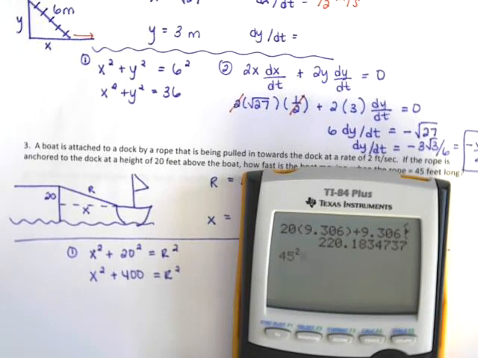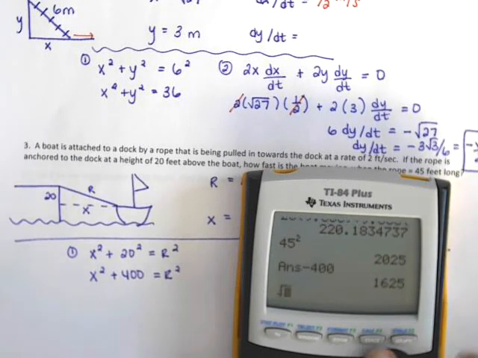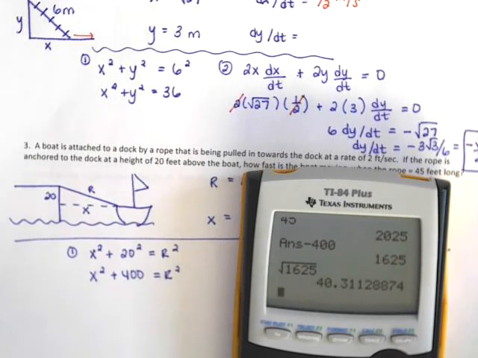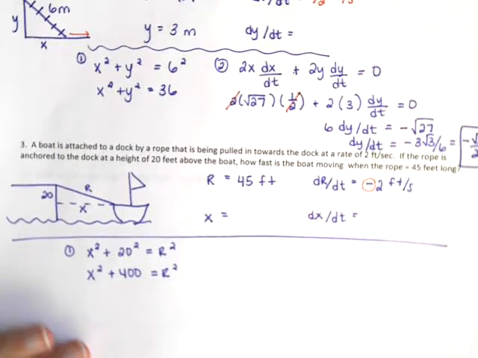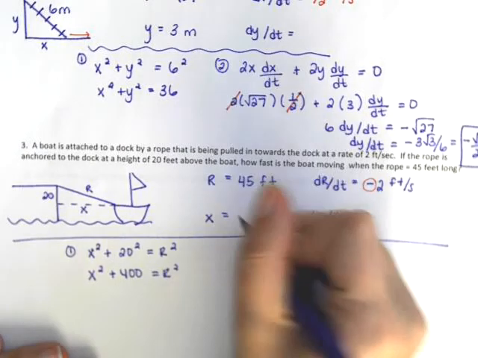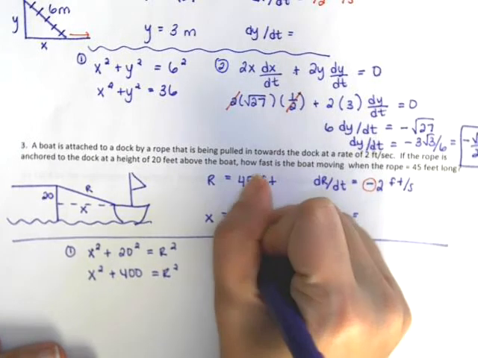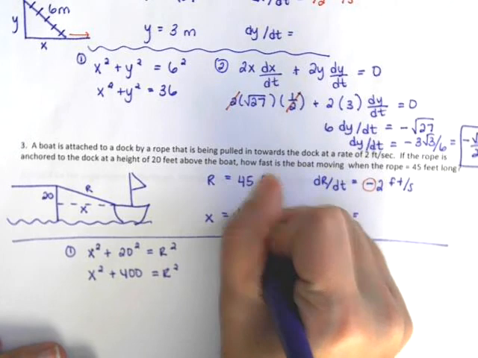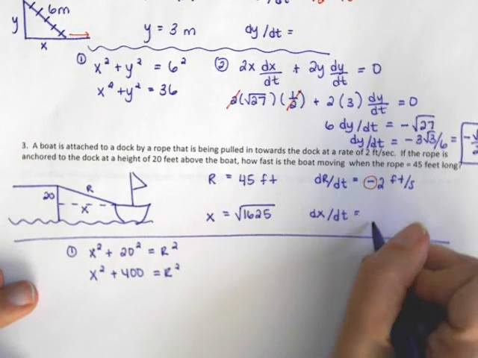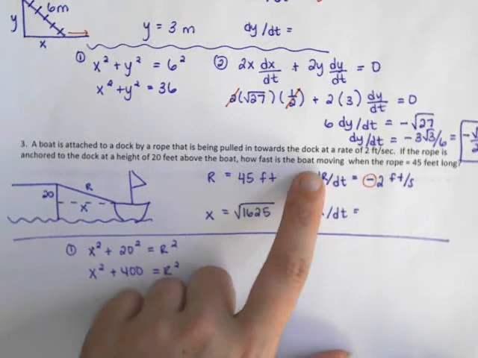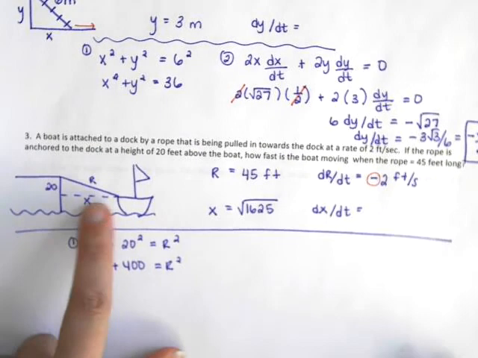So 45 squared minus 400, and I believe the square root of 1625 is 40.3 something. All right, so once I know all of the numbers except for dx/dt, which is how fast the boat is moving, that's going to kind of make sense. The boat's going to float this way.